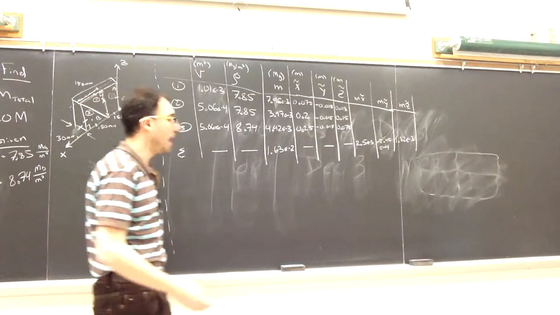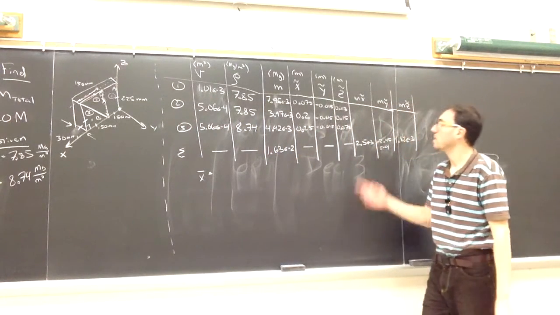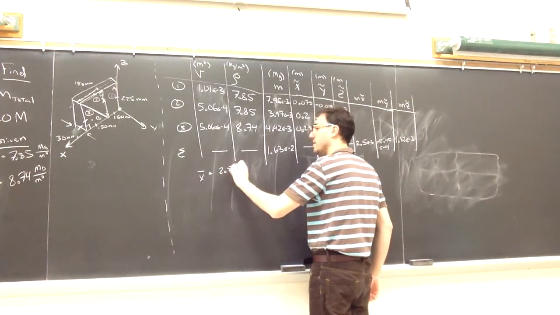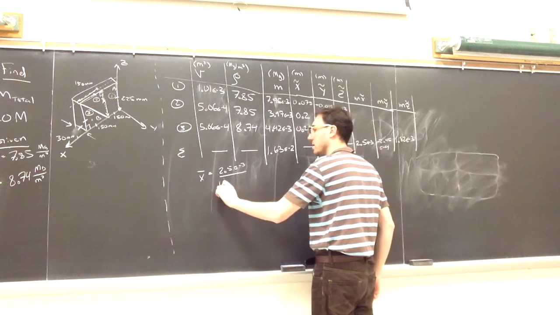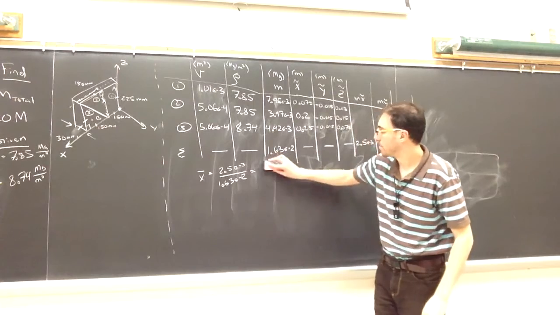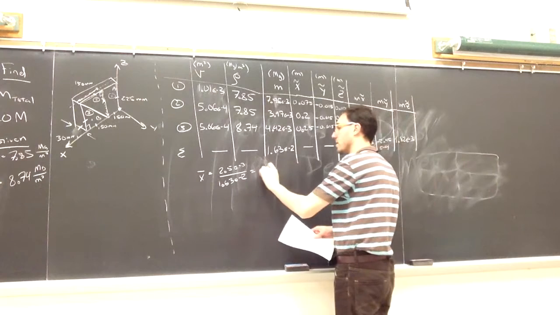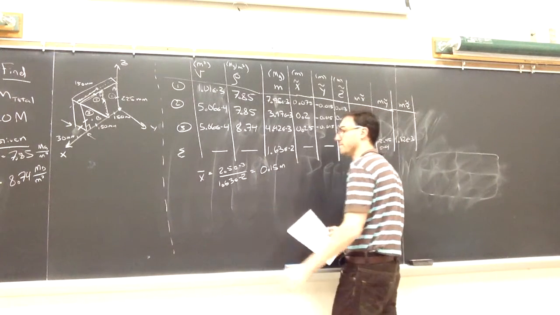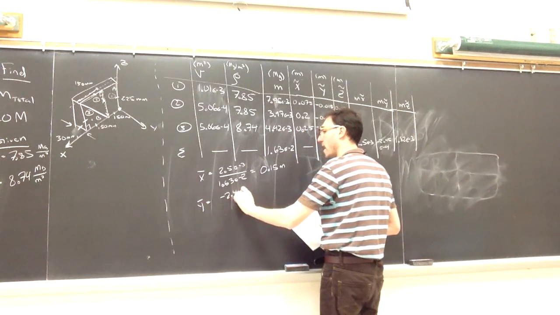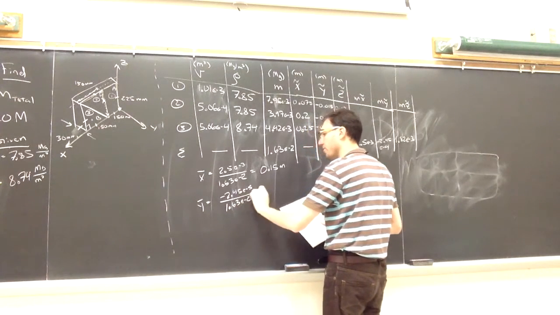The last step then, I want to find my x bar, y bar, z bar. Basically the same thing we did before. I take my total m x tilde and divide that by the total mass. My x bar then is 0.15 meters. For my y bar, I'll take the negative 2.45 times 10 to the negative 3 over 1.63 times 10 to the negative 2.